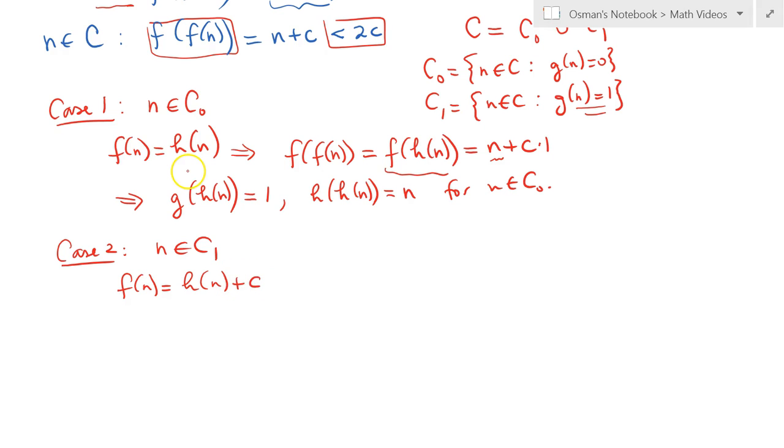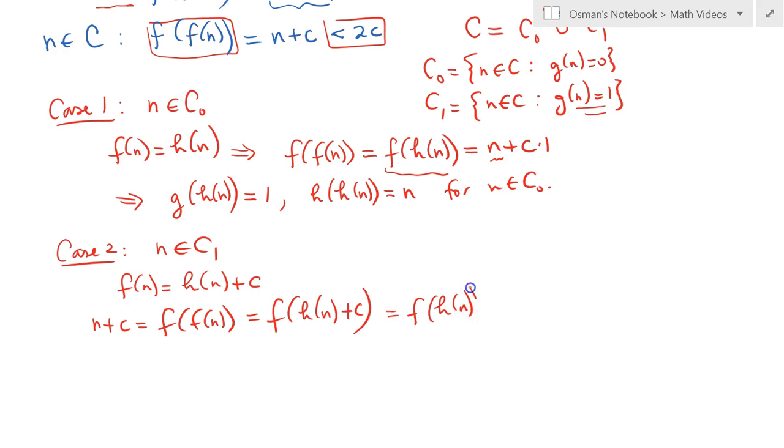So if we apply the early definition, like we did here, we know that n plus c is equal to f of n, but notice here that f of n is just h of n plus c, and moreover that is equal to f of h of n plus c.